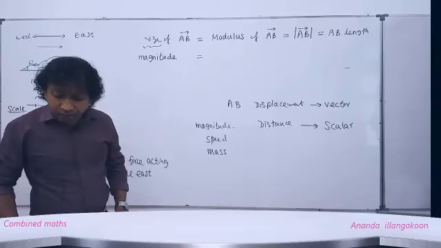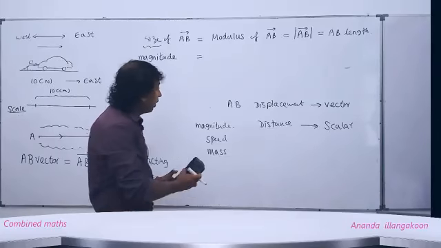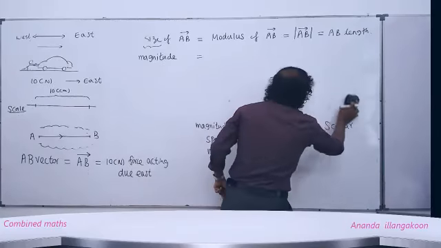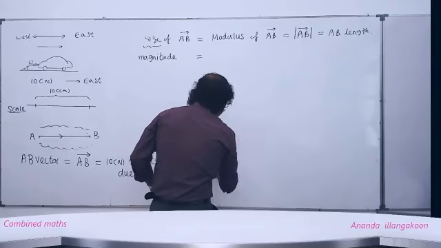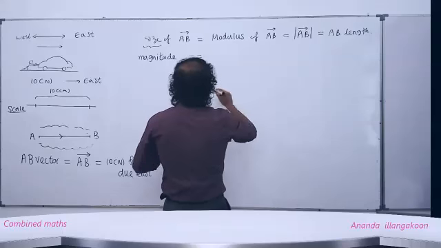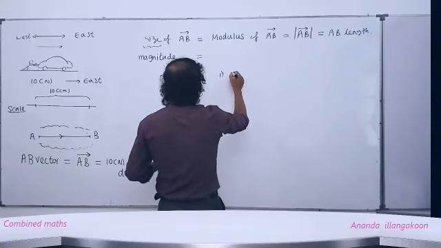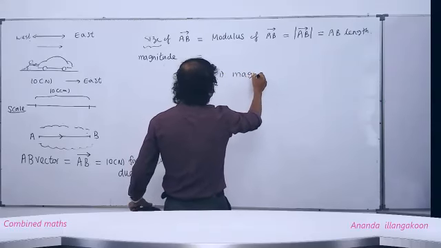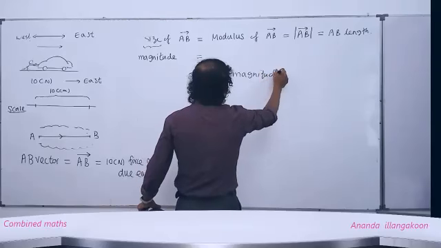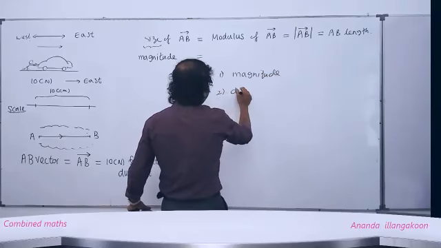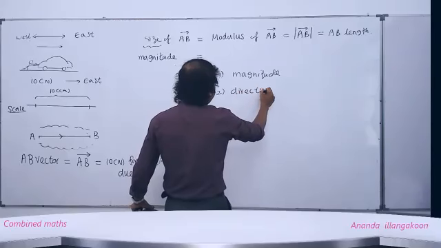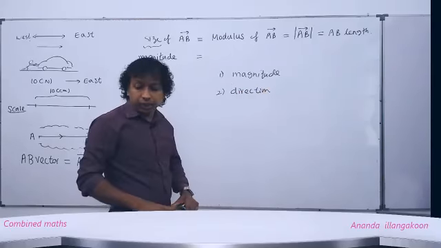So you can very clearly understand the two qualities available in this vector: the first one is magnitude, size, and the second is the direction.